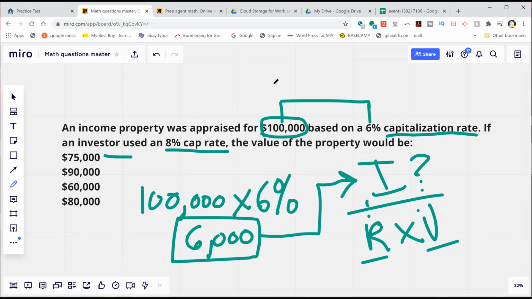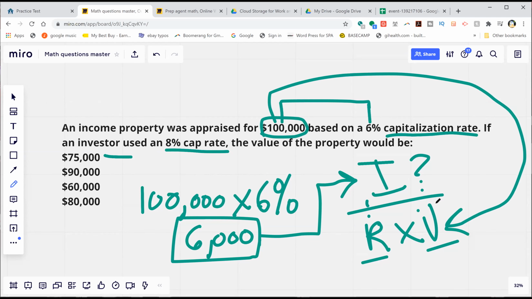So I hope you understood that one, guys, because that was a little tricky one. Could you plug the numbers into the IRV to clarify? And I think I did that right here. The value is here. The rate is here. And that was the first step we did. Then we got income.